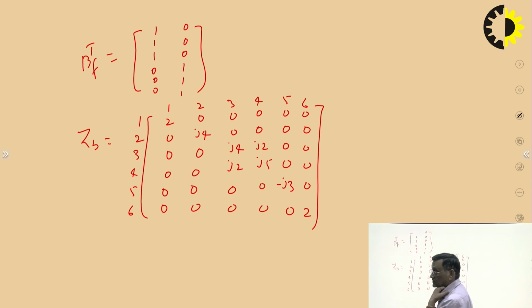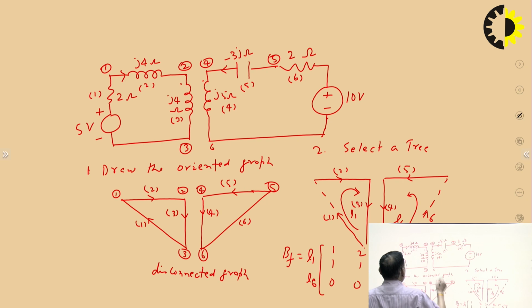We also see there is a dot here, and current in both the windings is entering the dot. So the voltage developed due to the mutual inductance will be positive.